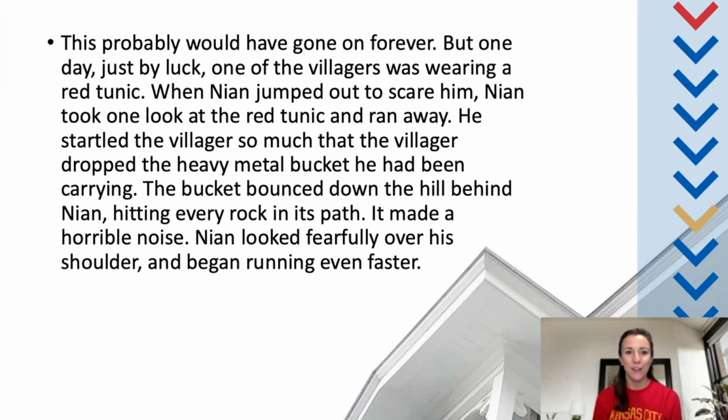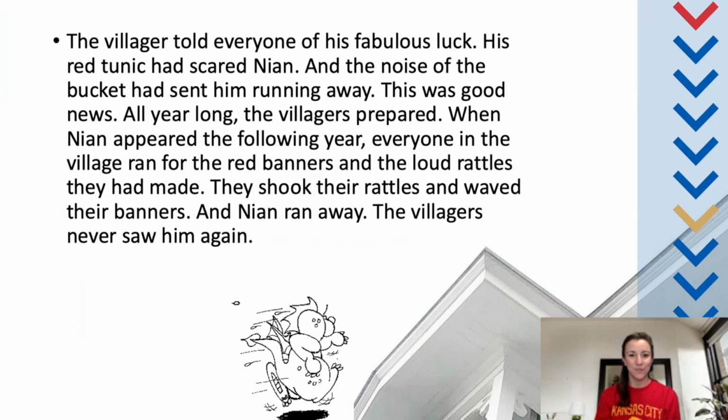He startled the villager so much that the villager dropped a heavy metal bucket he had been carrying. The bucket bounced down the hill behind Nian, hitting every rock in its path. It made a horrible noise. Nian looked fearfully over his shoulder and began running even faster. The villager told everyone of his fabulous luck. This red tunic had scared Nian.